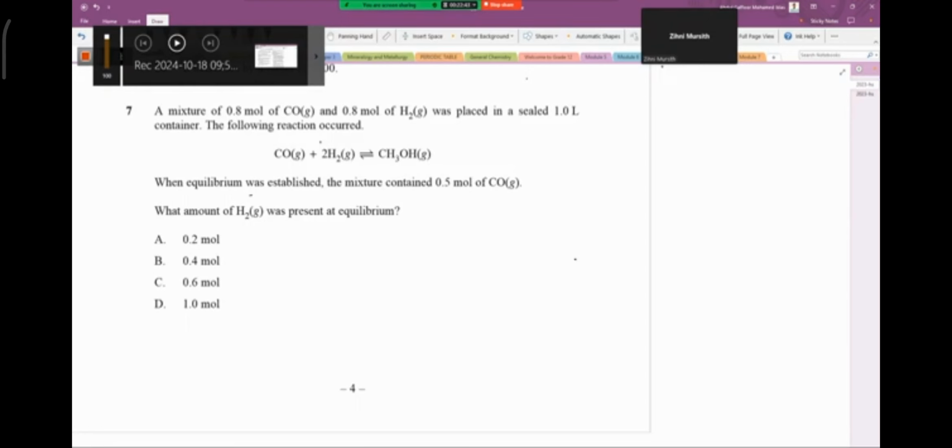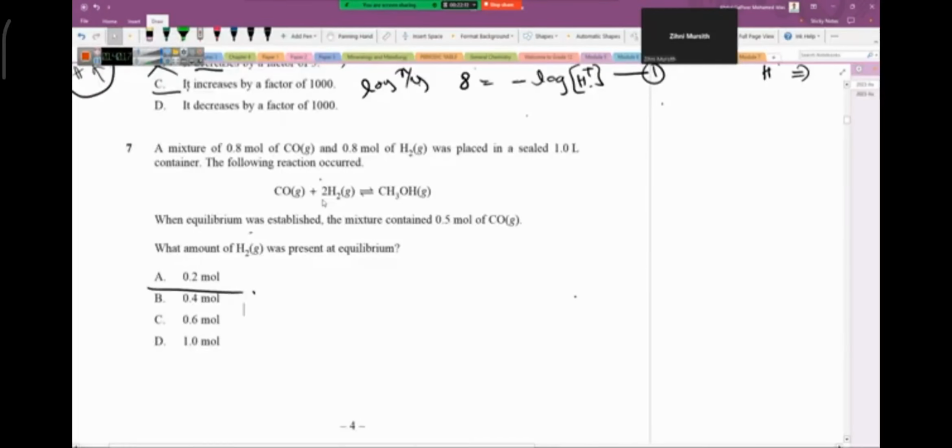If carbon monoxide loses 0.3 moles, that means hydrogen gas will lose 2 times as much due to its stoichiometric ratio, so it will lose 0.6, right? And then 0.8 minus 0.6 is 0.2. The answer is A. Okay, right.